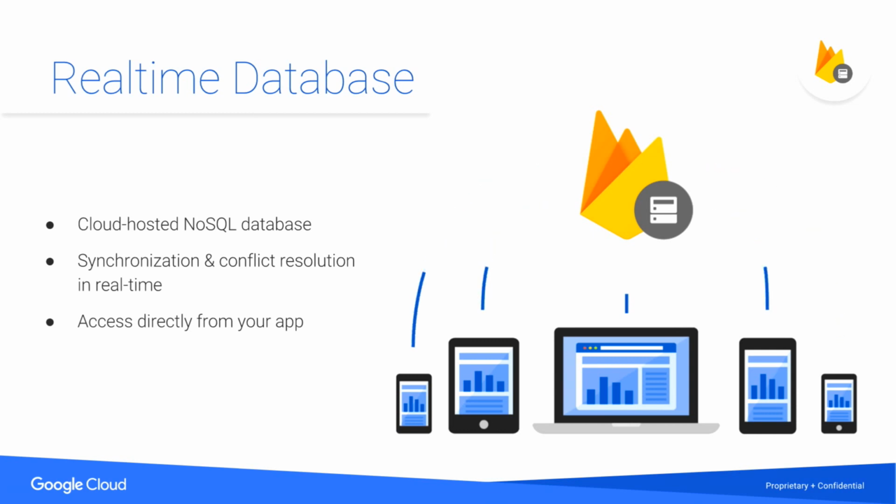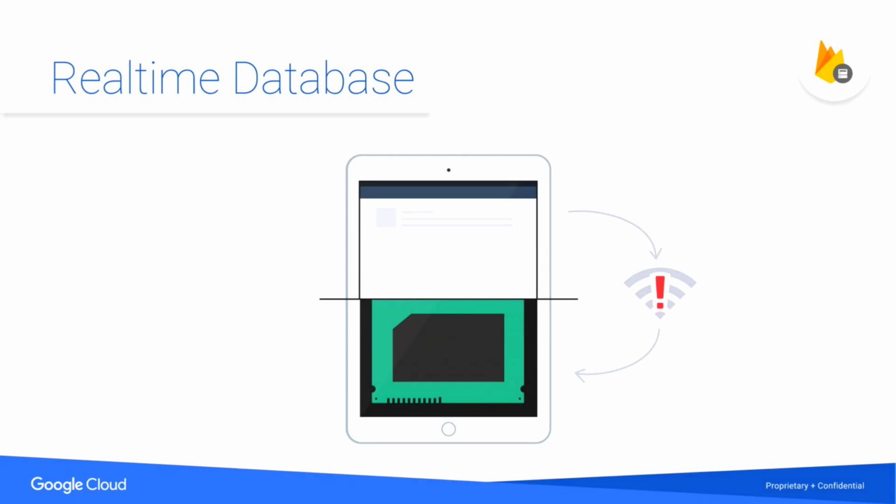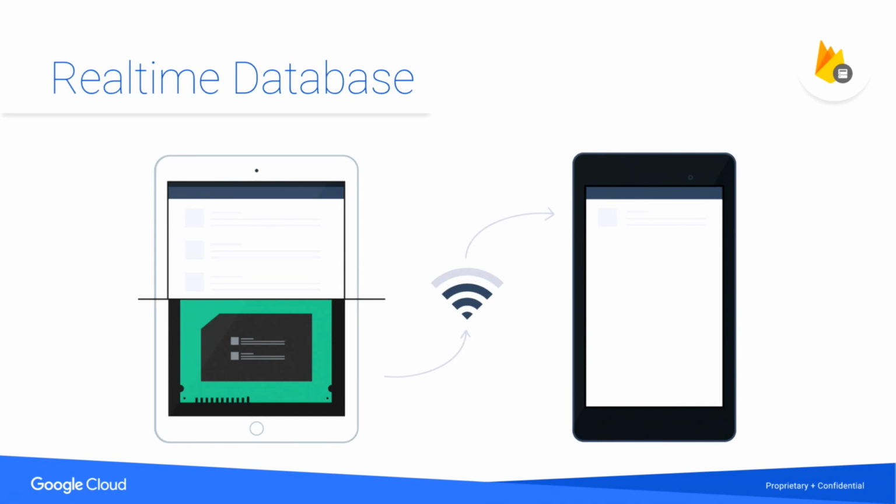And you can access this directly from your application, so that when one field updates, all of the applications, no matter where they are in the world, can be updated in real time as well. But what if I'm offline? It will still work. Essentially, with Firebase, it will store all of these updates locally. And when you're reconnected, it will then synchronize that to the real-time database.